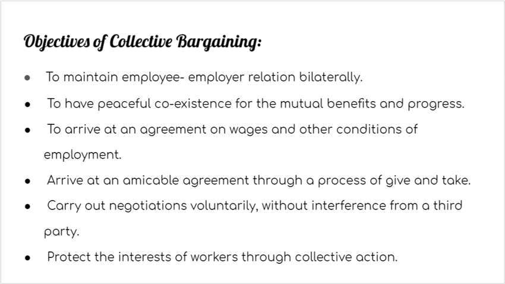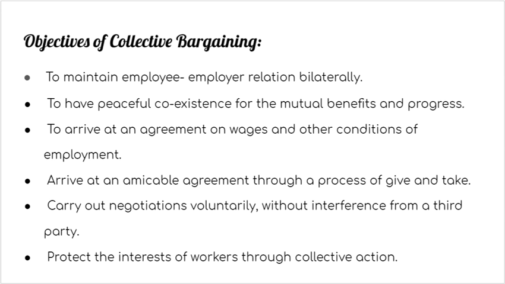To have a peaceful coexistence for the mutual benefit and progress, to arrive at an agreement on wages and other conditions of employment, arrive at an amicable agreement through a process of give and take, carry out negotiation voluntarily without interference from a third party, and protect the interests of workers through collective action. So these are a few objectives.